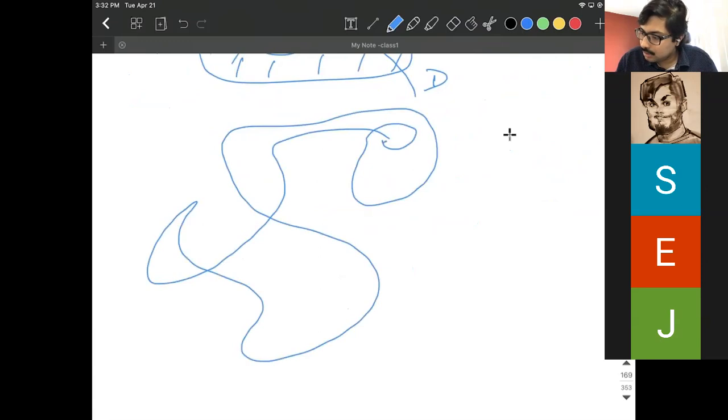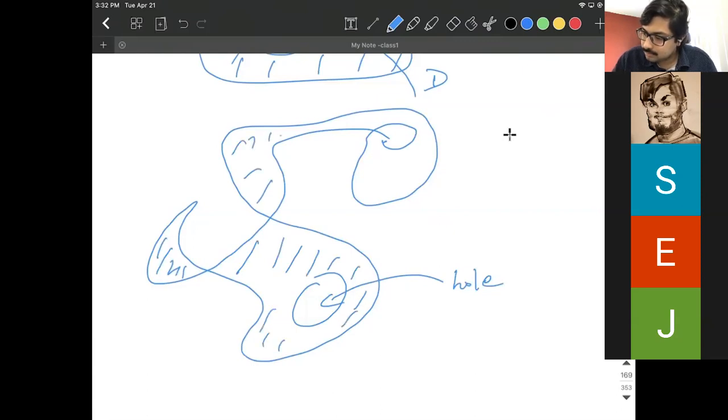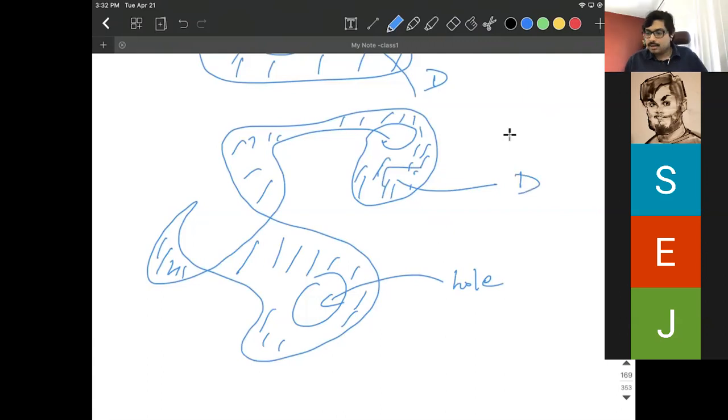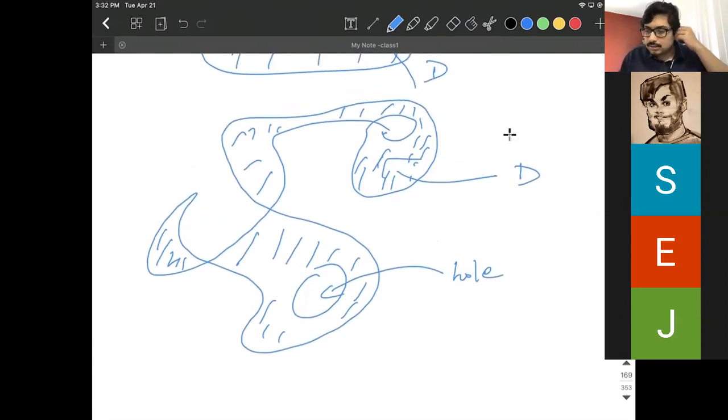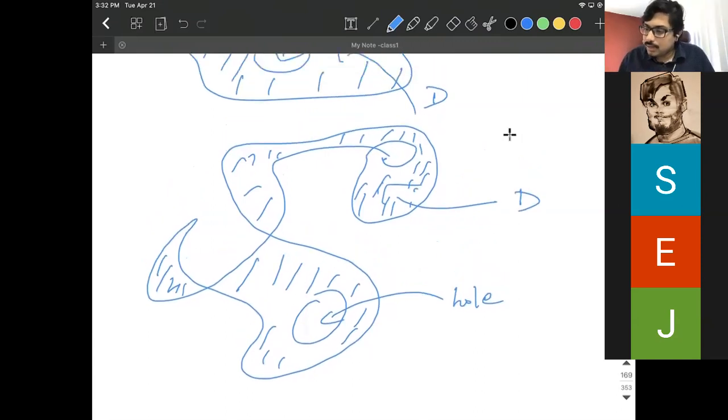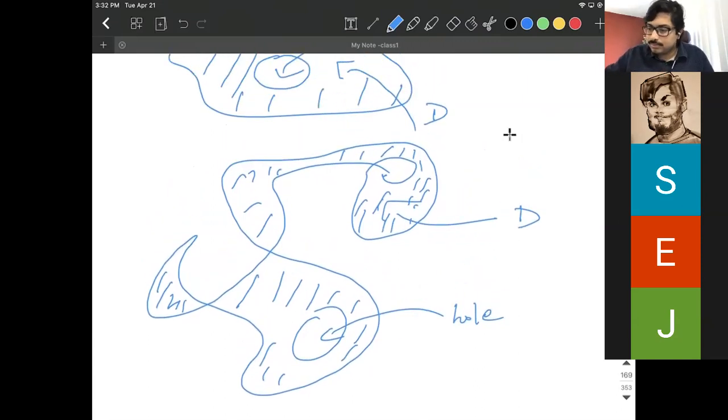And maybe a hole here, just to make life harder. So this shaded portion is our D. So D can have these weird kinds of shapes, but we are good as long as it has finite area, and you can enclose D with this boundary.